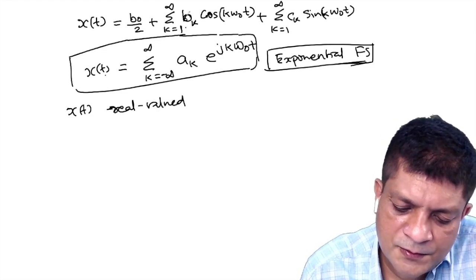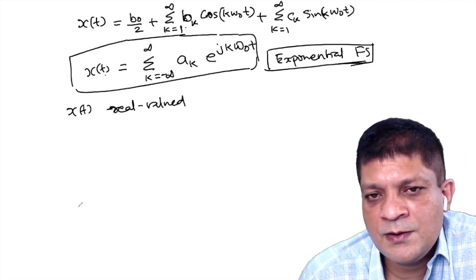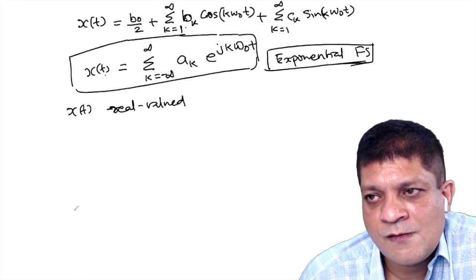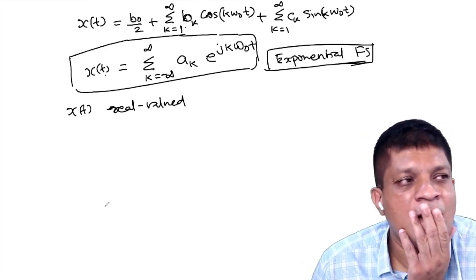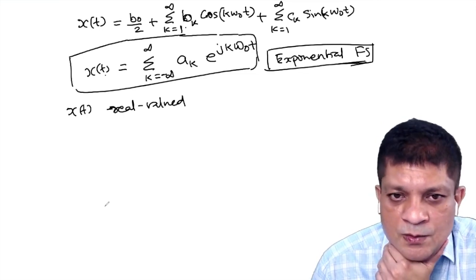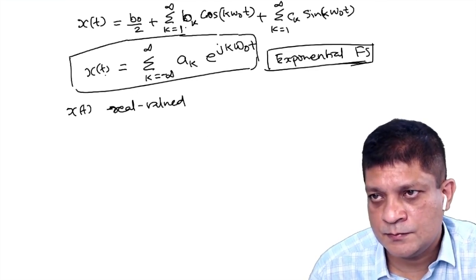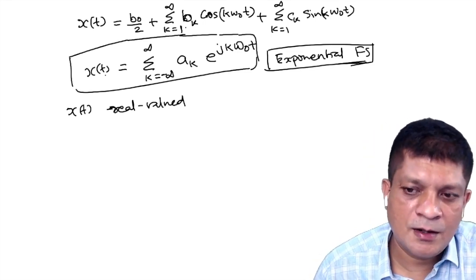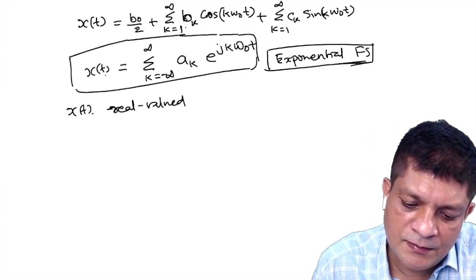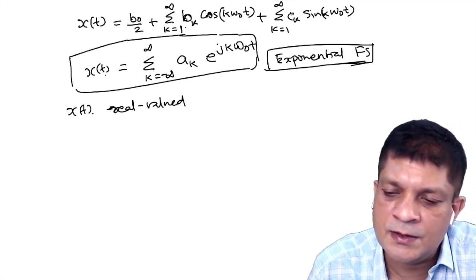What about these coefficients b_k, c_k, b0? Are they real valued? They are real valued, isn't it? They are real valued because if x(t) is real valued, on both sides the imaginary part must be 0. So all these are real valued.